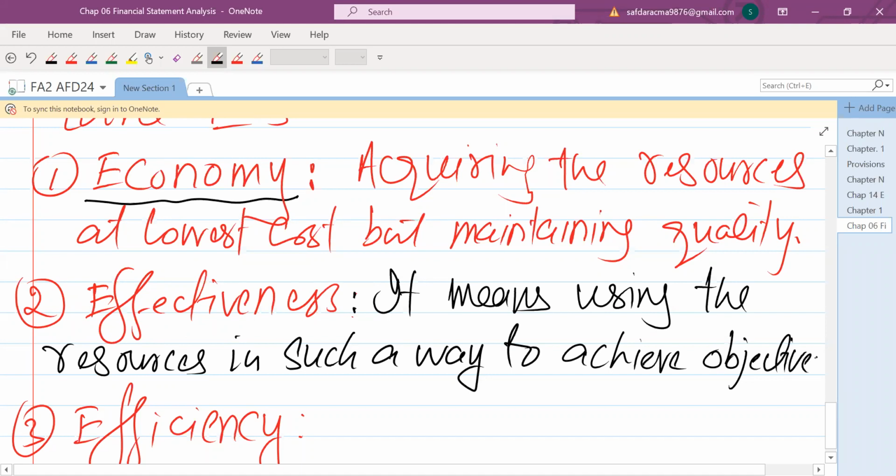Effectiveness का मतलब ये होता है achievement of objectives. You are using your resources in such a way that you are achieving your objectives.